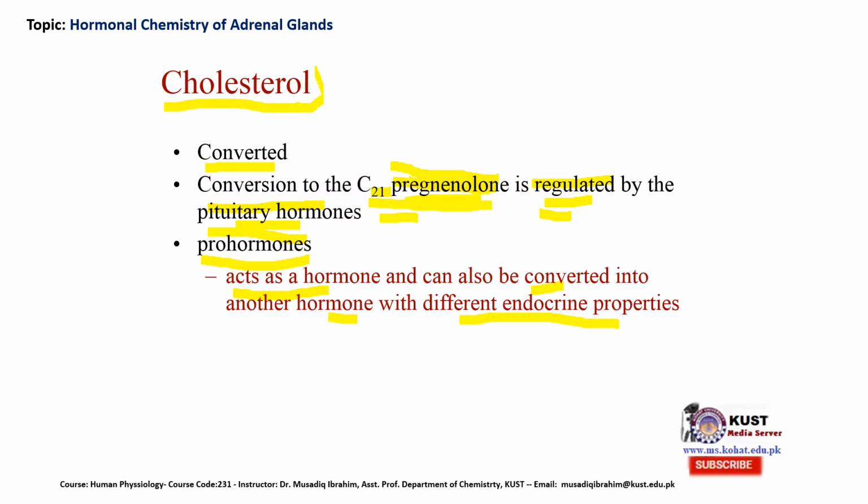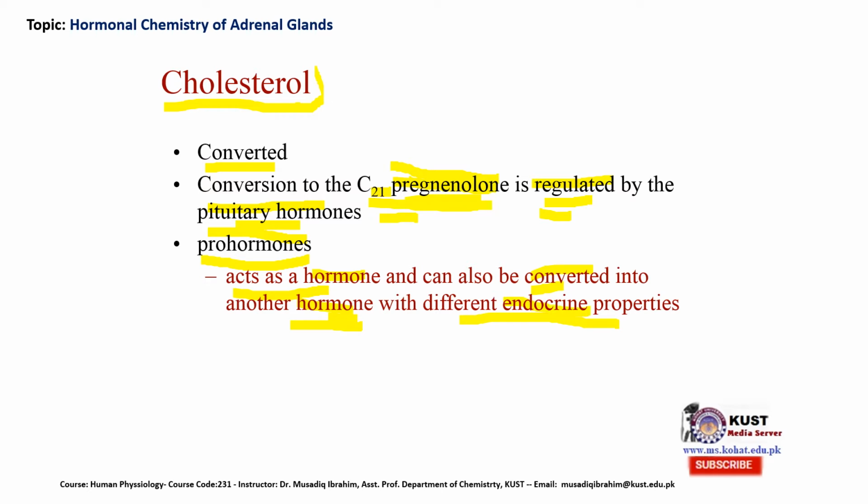Prohormones are sometimes the inactive form of the active hormones, and after the enzymatic action of specific enzymes, they are converted into another hormone, which is the active form of the hormone, and that hormone then performs different types of endocrine functions.